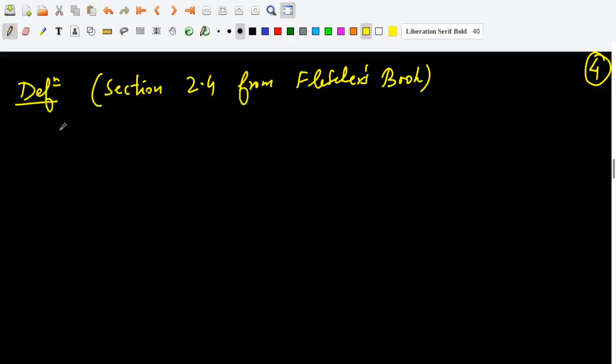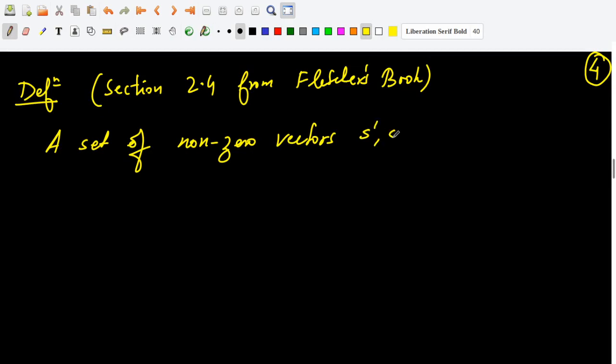A set of non-zero vectors. So none of the vectors in this set can be zero. Let's take n, just to be consistent with the book.